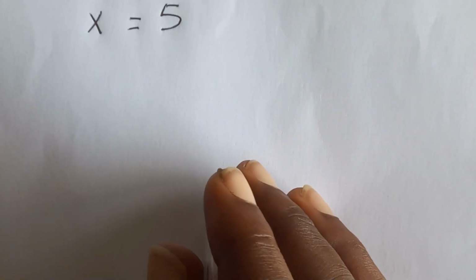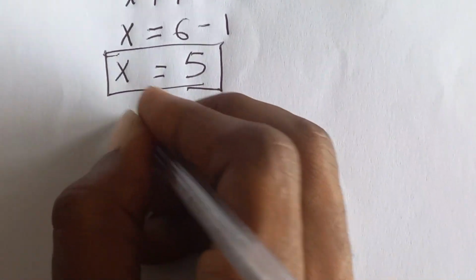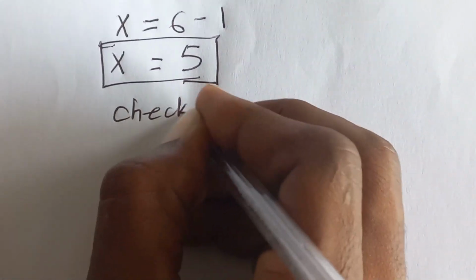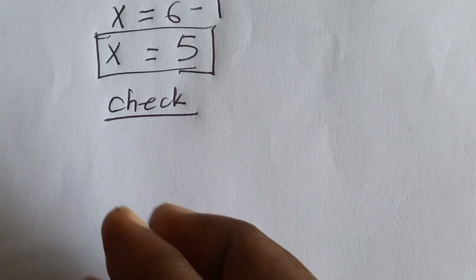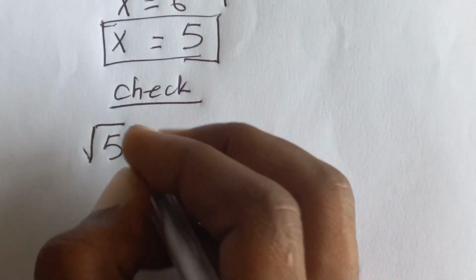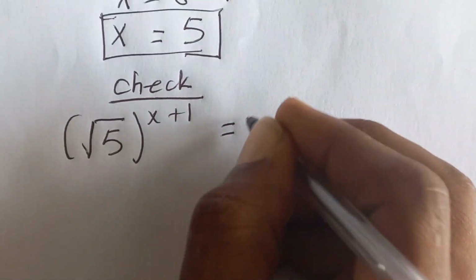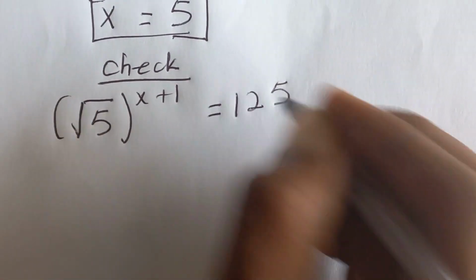Now let's check to see if indeed our x is equal to 5. Where the expression was root 5 into bracket x plus 1 is equal to 125.